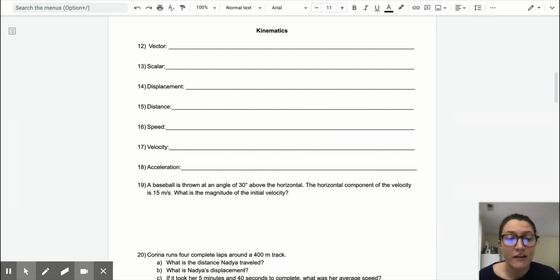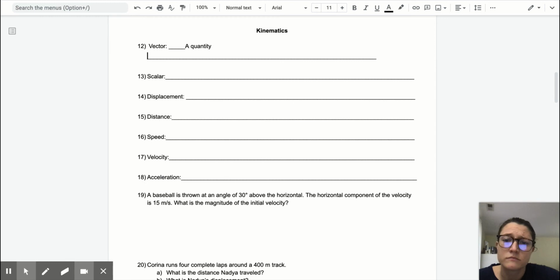So with vectors, I'm going to type in here. A vector is a quantity with units, magnitude, and direction. So with a vector, the direction matters.